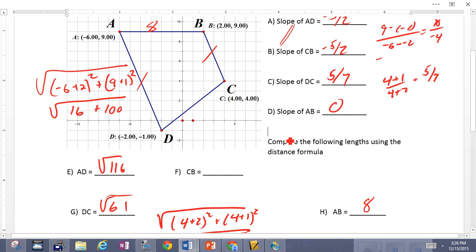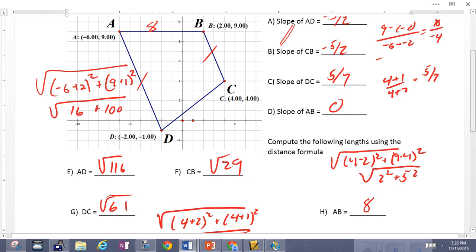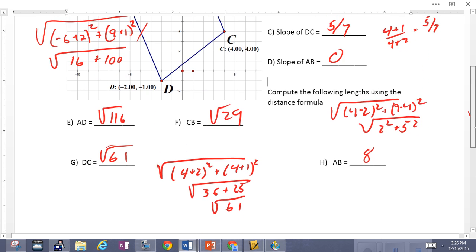And CB, lastly, is going to be the differences of the x's, which is 4 minus 2, the quantity squared, plus the differences in the y, which is 9 minus 4, the quantity squared. So that's 2 squared plus 5 squared, which is 29. So that's root 29.